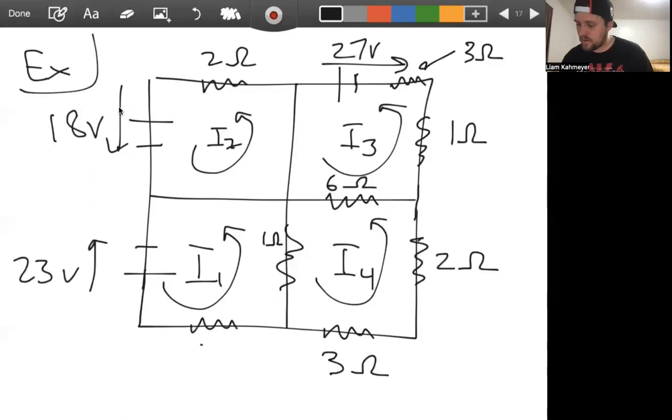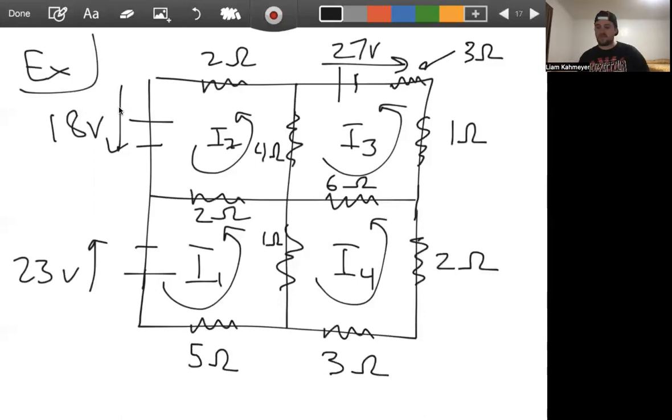The bottom of 1 will have a resistor with resistance 5 ohms. Between 1 and 2, a resistor with 2 ohms. And then finally between 2 and 3, we'll have a resistor with 4 ohms of resistance.